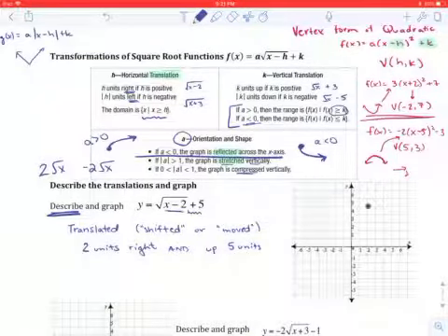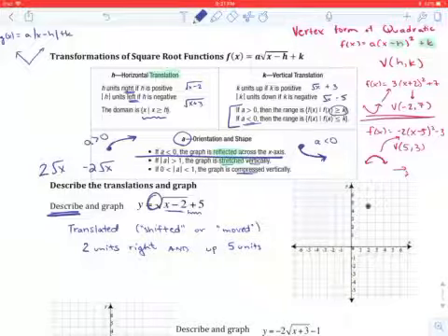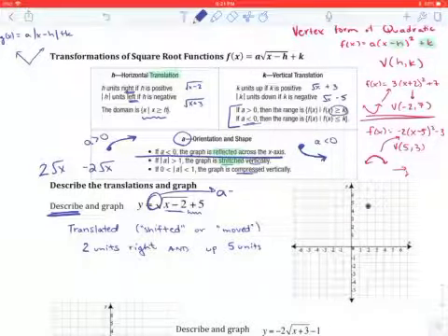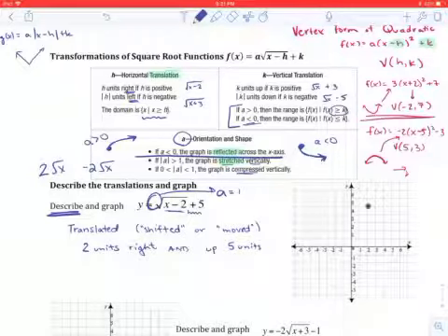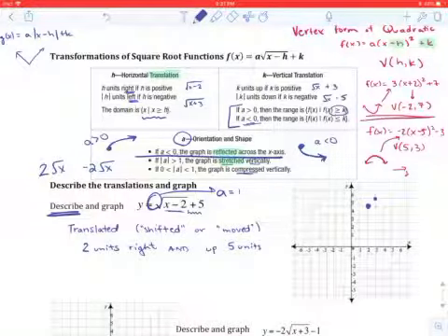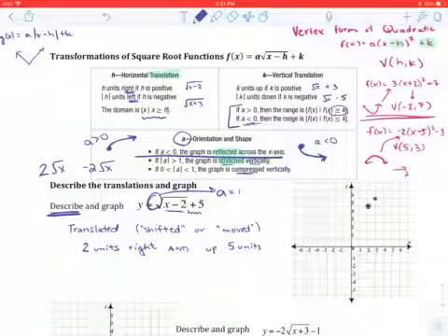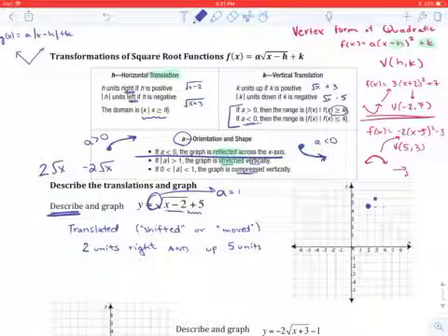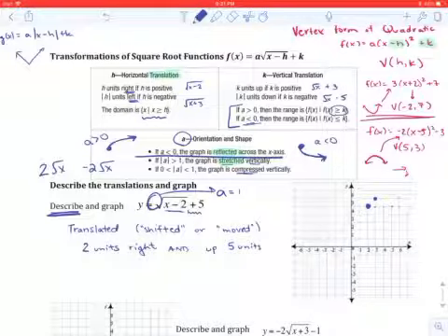And since there's no value of a here, we know that a equals 1, which means that the shape is the same. So I can think of this as 0, 0, and you go over 1, up 1. And then remember, if this was the order of the 0, you'd go over 4, up 2.